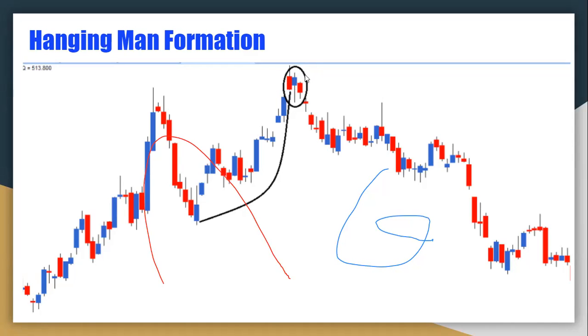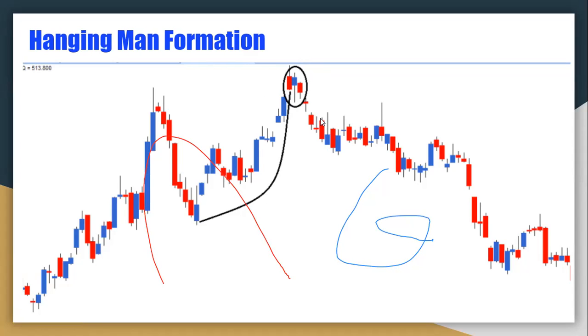But on this particular day, bears were considerably able to challenge the bulls. The bulls who had all the strength in this uptrend were very strong, and suddenly when this pattern occurs, it means bears are so strong that on this day they are able to beat the bulls for a shorter period of time, and prices are closing near the opening price.